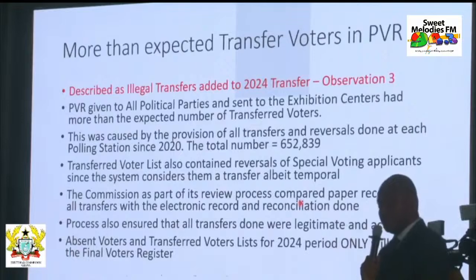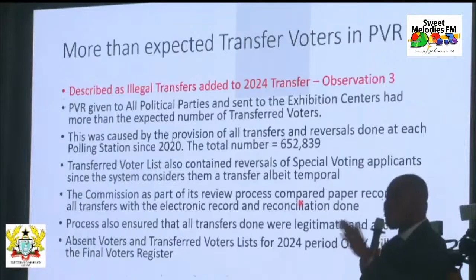I believe Deputy Chair Dr. Bosman had even said this on the 2nd of September. It was inadvertently added, and what it did was add all the transfer transactions that had occurred from 2020. So you had much more.